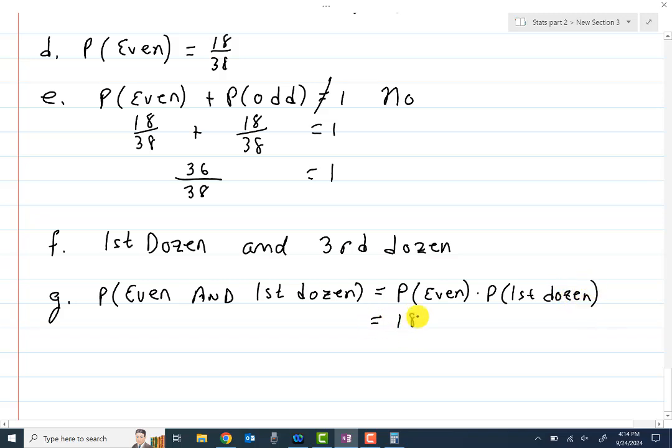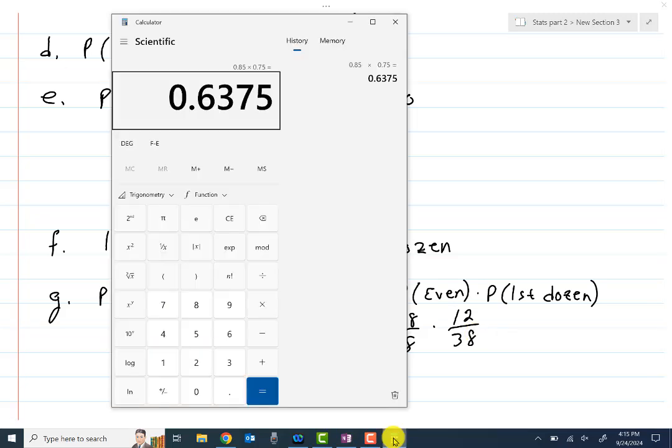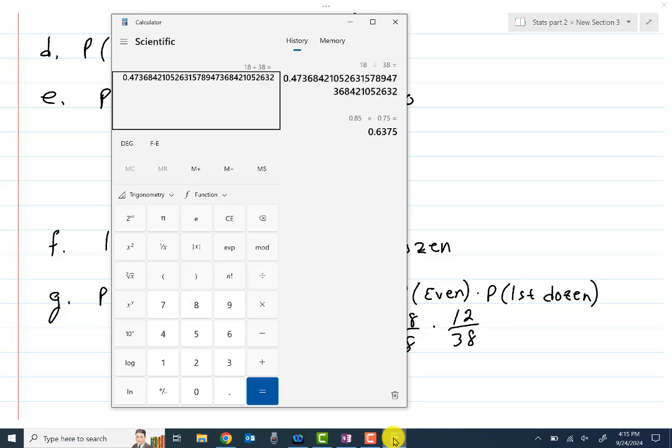So the probability that something was even was 18 out of 38, and the probability of the first dozen was 12 out of 38. I'm going to go decimal on these, and so 18 divided by 38 equals, so I got that number. Now I'm going to go times 12 divided by 38.